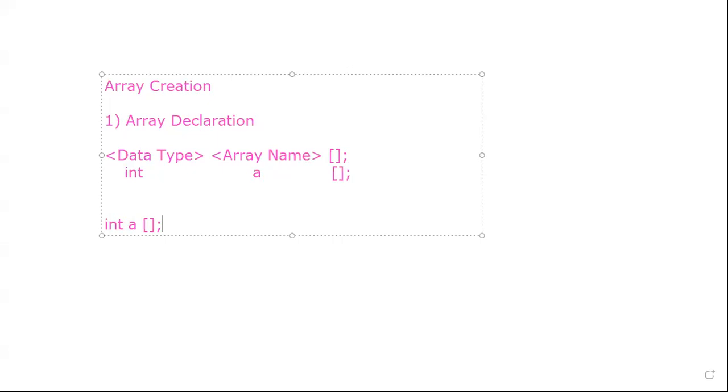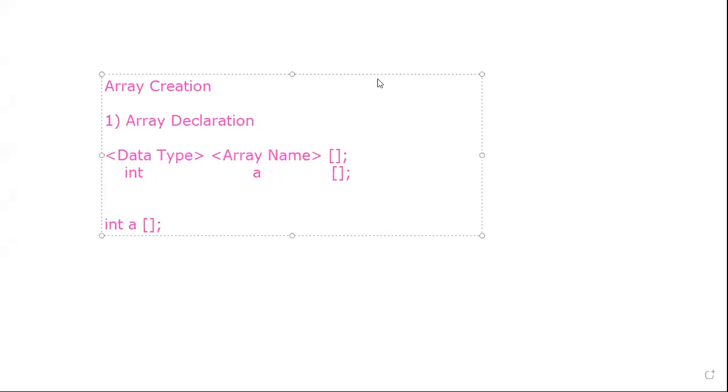Is this clear? This is what I have in this slide. Before we go back there, please make sure it's clear. So this is the code for array declaration. Very good.